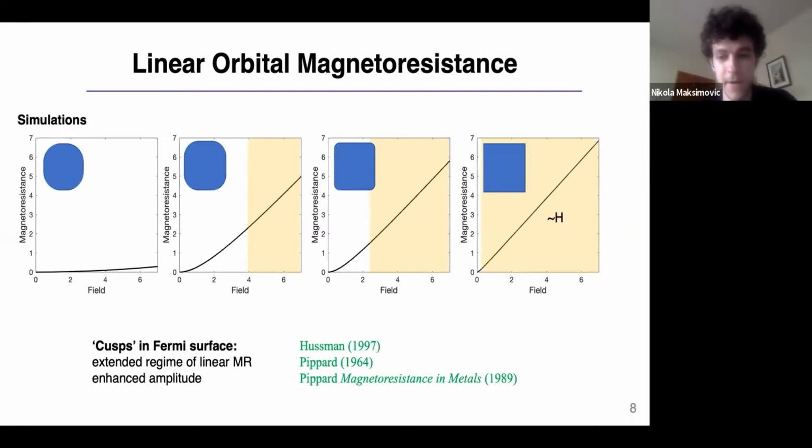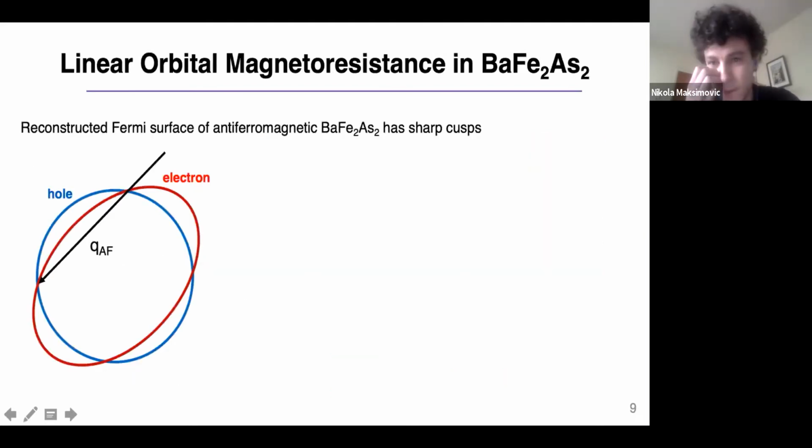So it's actually fairly rare to observe a Fermi surface that looks like this. But we have good reason to believe that the Fermi surface of antiferromagnetic barium-122 may have these sharp cusps. Here I'll show a cartoon. So you have a hole Fermi surface at the center of the Brillouin zone, electron Fermi surfaces at the corner, and they get nested, imperfectly nested by the antiferromagnetic ordering vector.